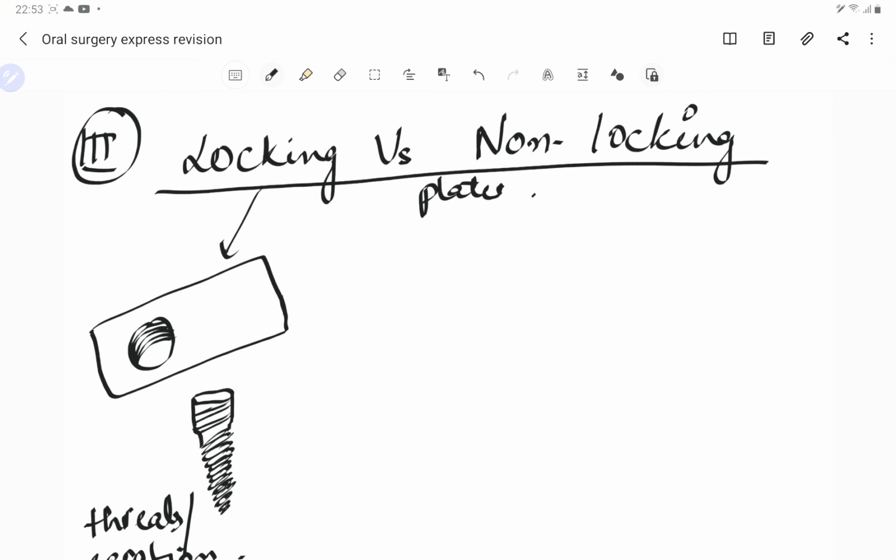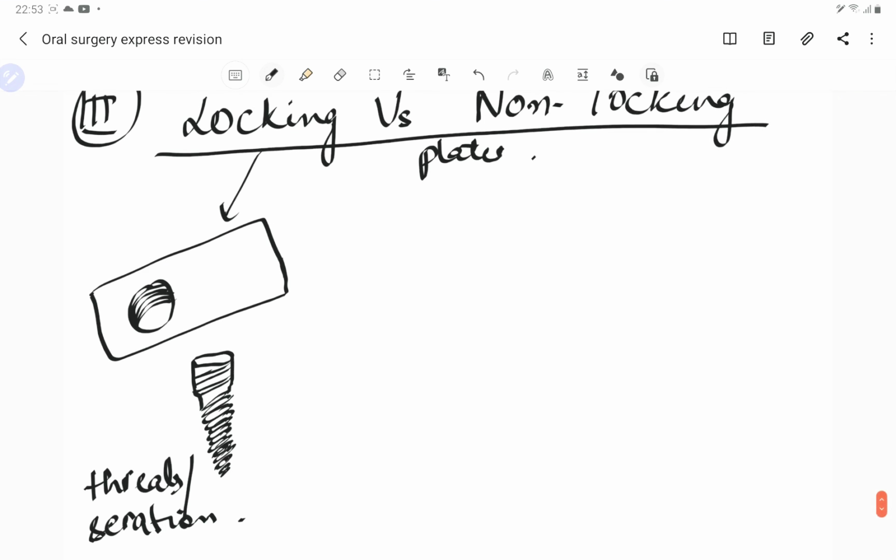Now, a non-locking plate does not have any locks. Therefore, we need to contour this plate to the bone surface. Say suppose the bone is not a straight line, right? If you see the bone surface, it is going to have grooves and fossae like this.